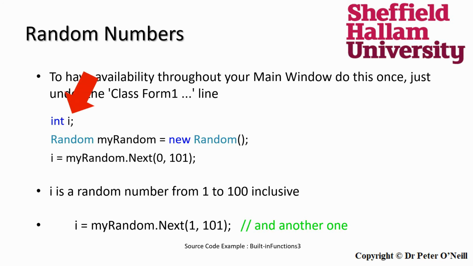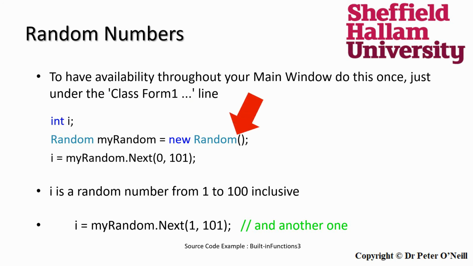So let's go through that quickly again because it's quite a lot to take in, because of it being an object. So we've got I, we're declaring it because as a result it will be a whole number. We're saying take the class of random and make my random become the type of random, and make a new copy of random.